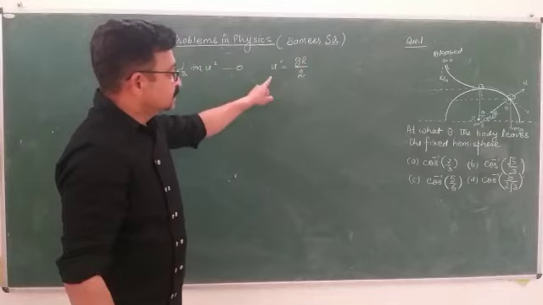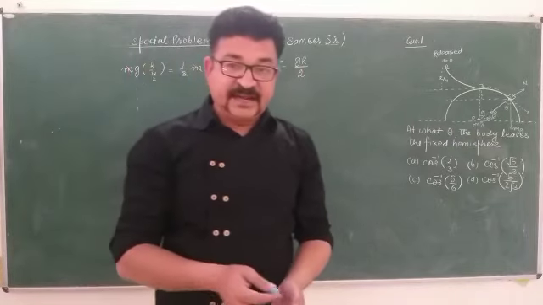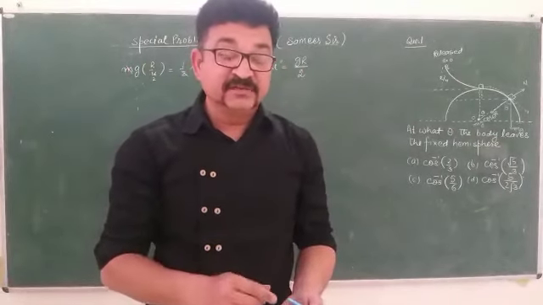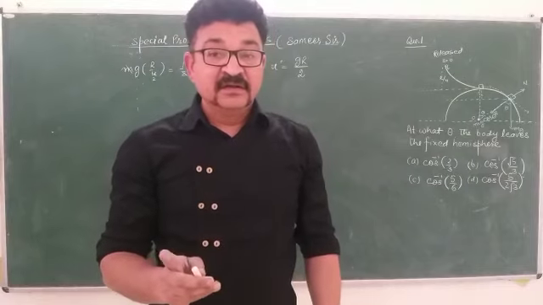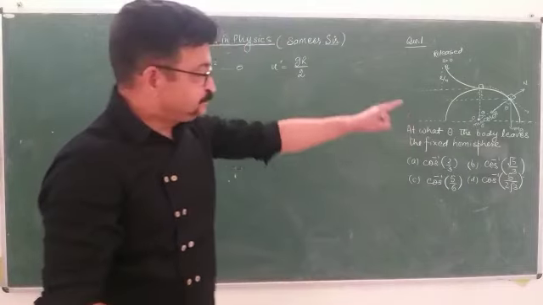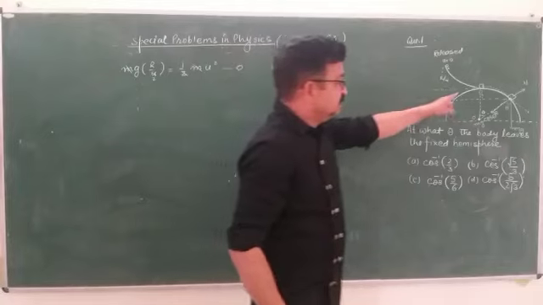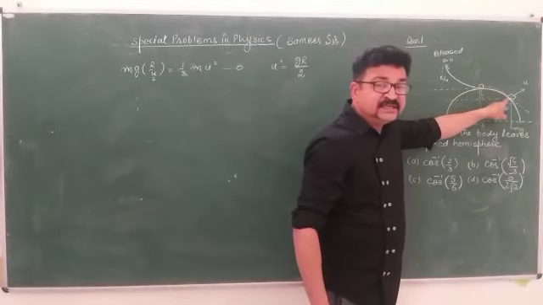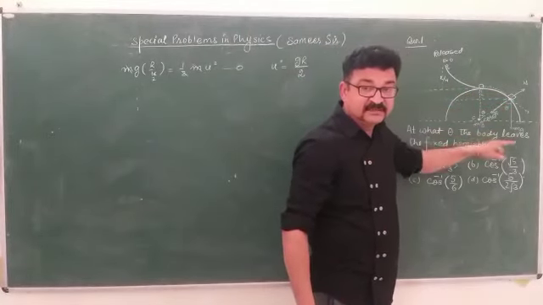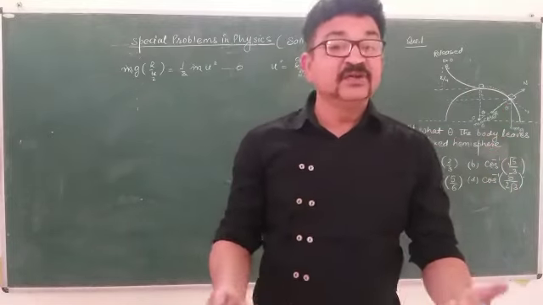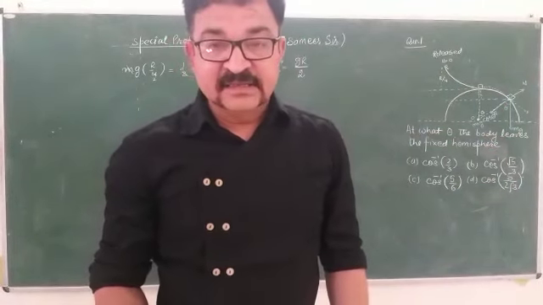Now the particle is on the spherical track. If you look at the problem very carefully, the particle is now on the spherical track. Again, it keeps losing its potential energy, and definitely there is a gain of kinetic energy.